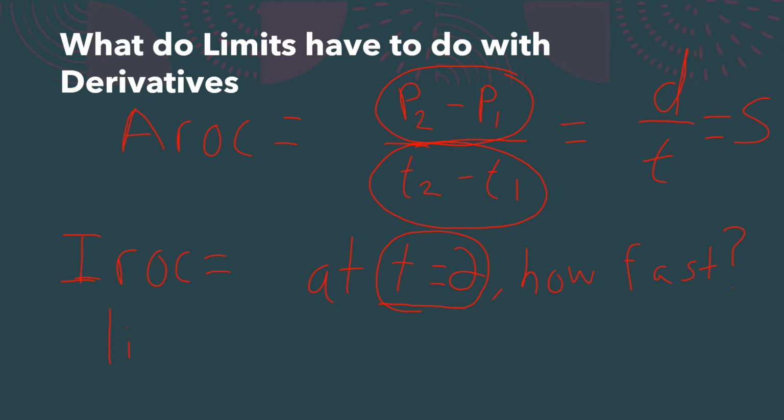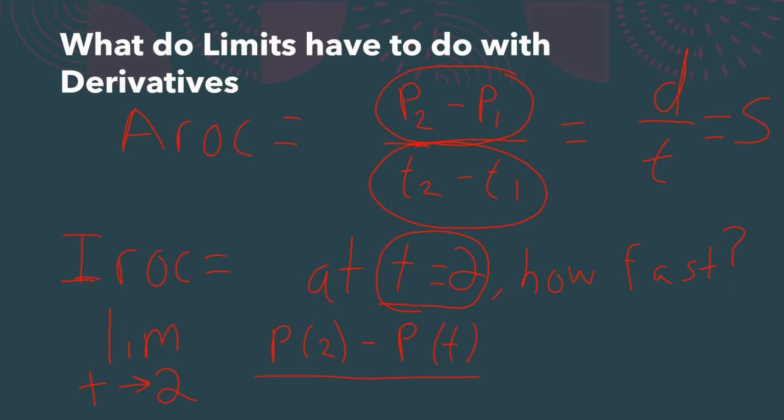So we'll have the limit as t approaches 2 of the position at time 2 minus the position at time t, over 2 minus t.